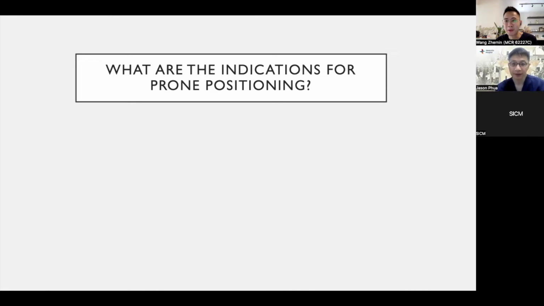In terms of awake-prone, out of the context of COVID ARDS, let's say patients with early ARDS who are not of COVID etiology, has it been studied whether there's a role for awake-proning in these patients? No. So it needs to be studied.